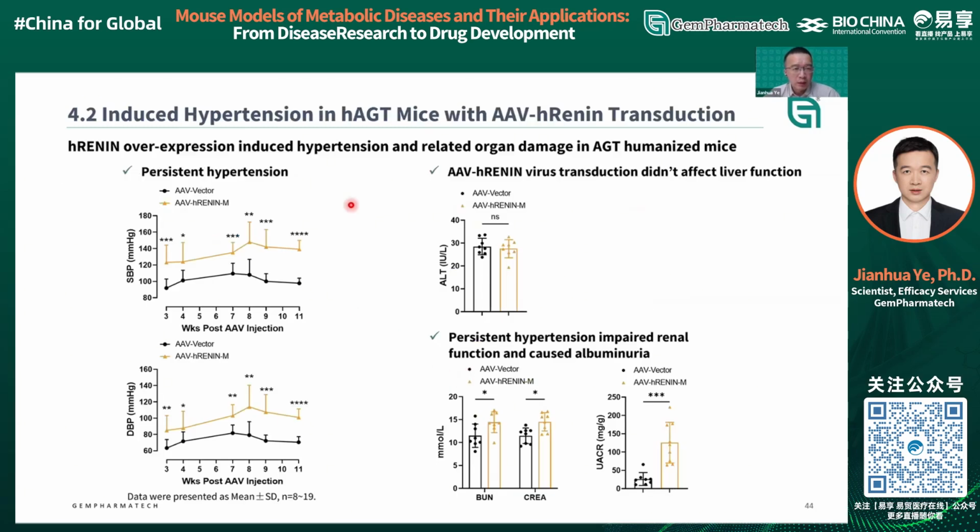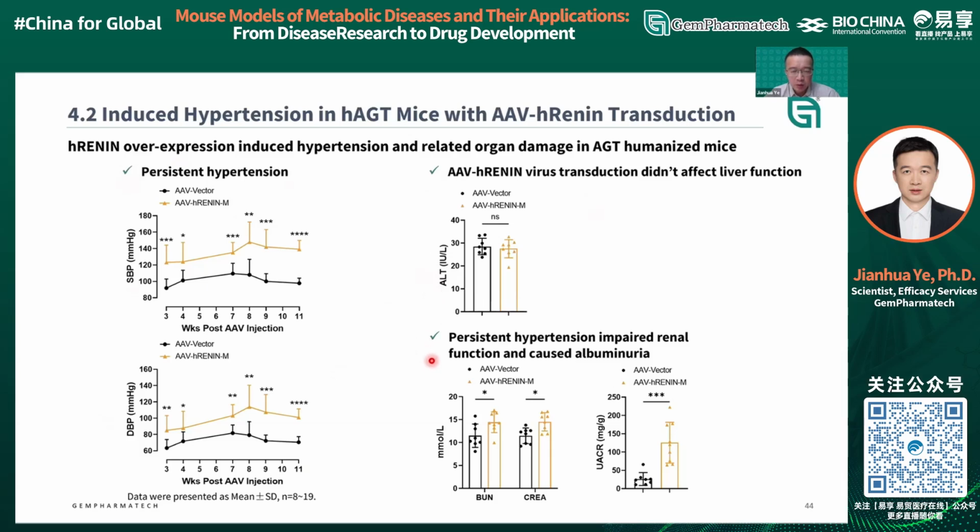When we made the humanized AGT mice, we induced hypertension in these mice by AAV transduction of human renin. We can see that after human renin overexpression, it can indeed induce hypertension in the humanized AGT mice, as we can see from the SBP and the DBP. We also see that the AAV human renin transduction does not impair liver function, as we can see from the ALT level.